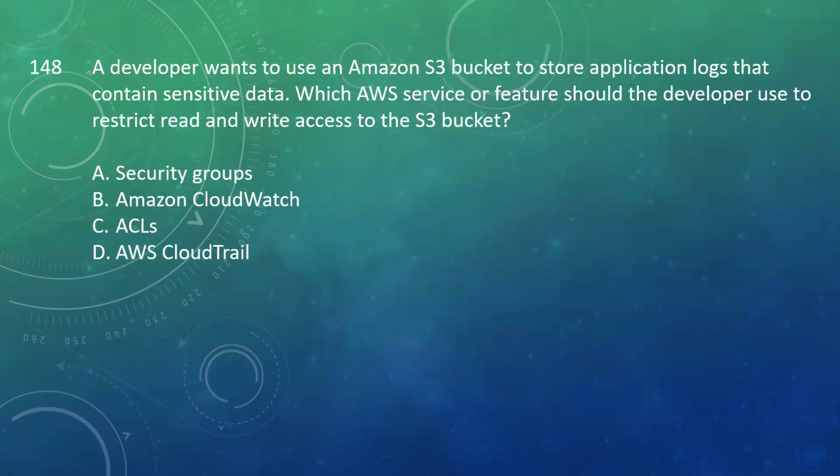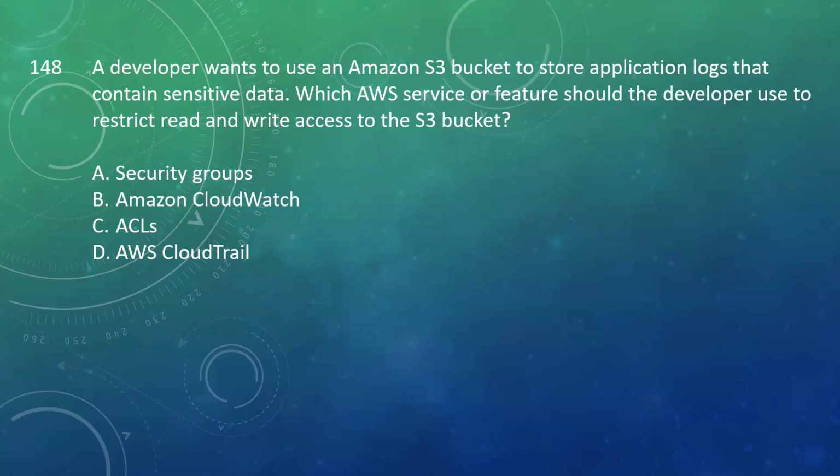Next question. A developer wants to use an Amazon S3 bucket to store application logs that contain sensitive data. Which AWS service or feature should the developer use to restrict read and write access to the S3 bucket? So someone wants to store sensitive data in an S3 bucket, and they want to secure read and write access to the S3 bucket.